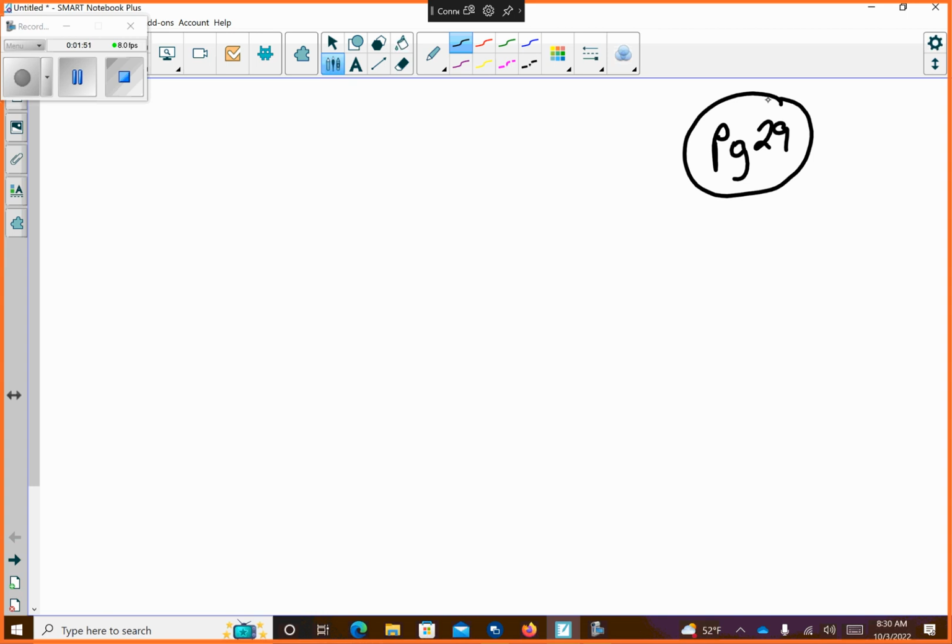All right, I'm on page 29, so we're starting chapter 2 today. The nice thing is scatter plots are going to work with Desmos very well. So that's kind of cool.